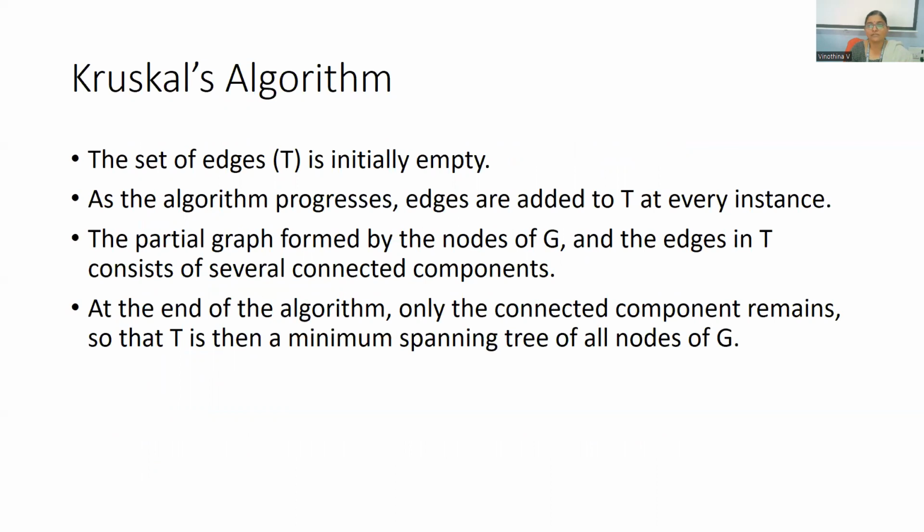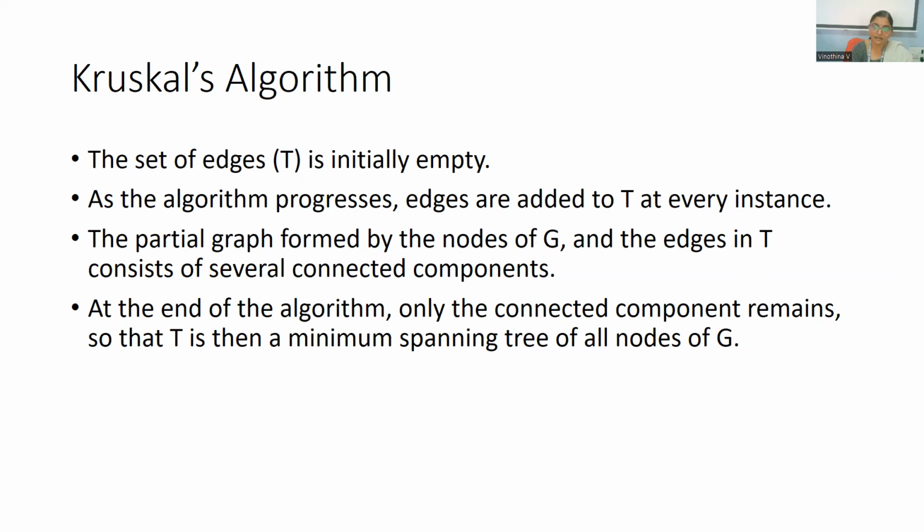In Kruskal's algorithm, the objective is to find the minimum cost spanning tree. The set of edges T is the solution set, which is going to contain a set of edges, initially empty. As the algorithm proceeds, edges are added one by one. At every instance, the partial graph formed by the nodes of G and the edges in T consists of several connected components, but at the end of the algorithm, only one connected component remains, which contains all the vertices in the given graph.